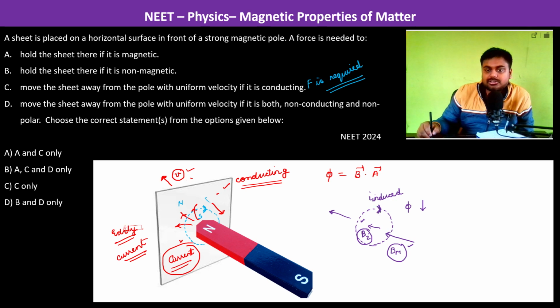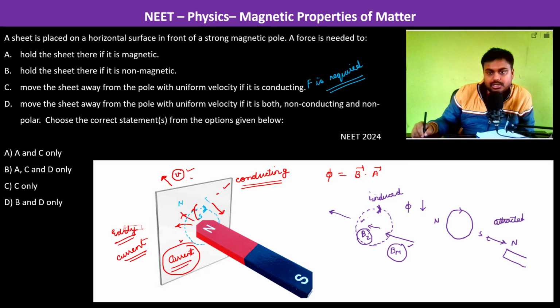Okay, and like any loop which is having current like this will be equivalent to, okay, the right hand thumb rule, it's north pole and south pole, and here already there is a bar magnet with a north pole here, so therefore both will get attracted.